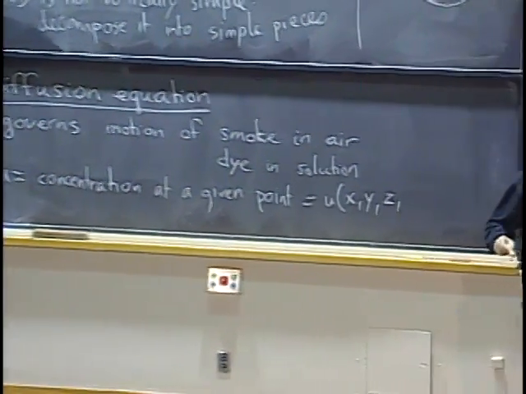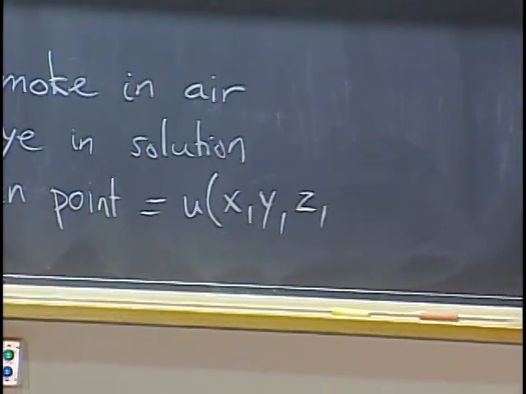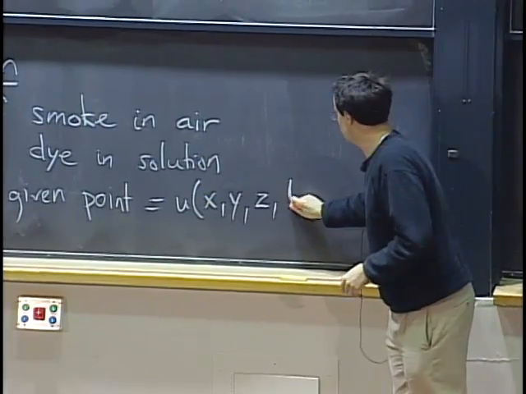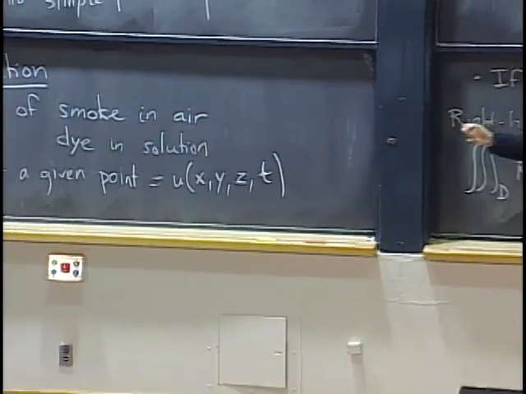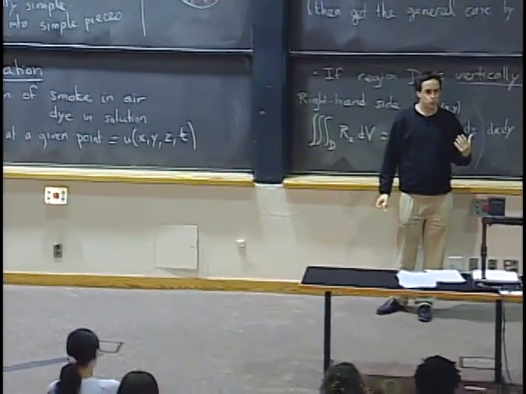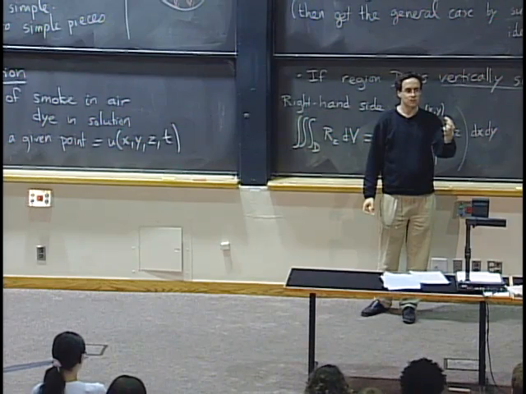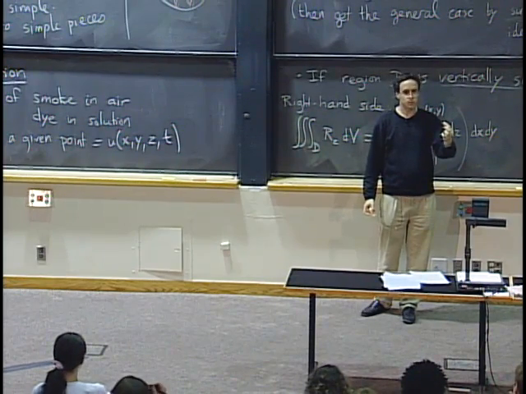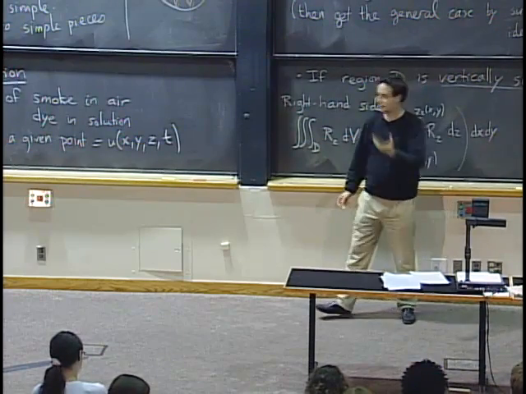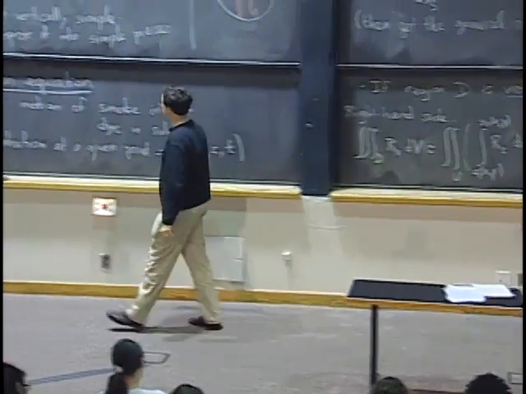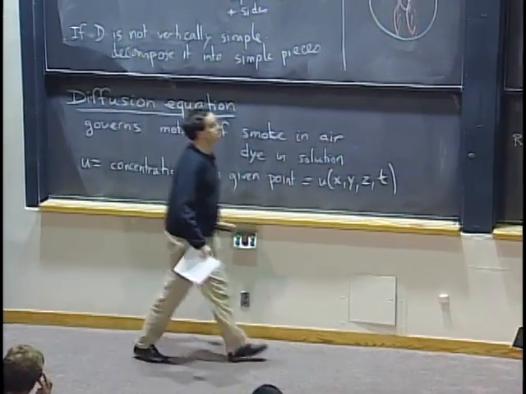But since the goal is to also understand how things spread over time, it should also depend on time. Otherwise, we are not going to get very far. In fact, what the equation will give us is the derivative of u with respect to t. It will tell us how the concentration at a given point varies over time in terms of how the concentration varied in space. So it will relate partial u, partial t to partial derivatives with respect to x, y, and z.